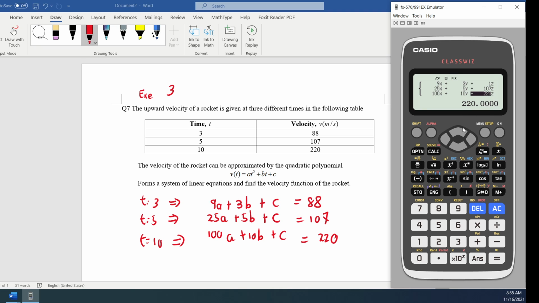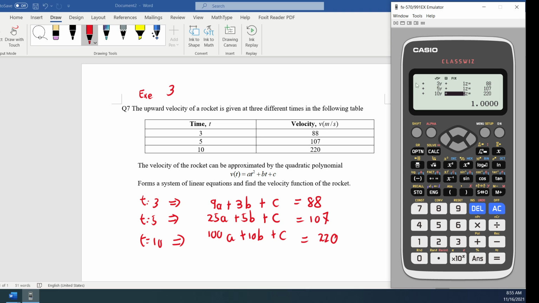This is 1, 1, 107. Okay, before you press equal, double check whether you keyed in correctly. 88, okay, the vector b is 88, 107, 220.